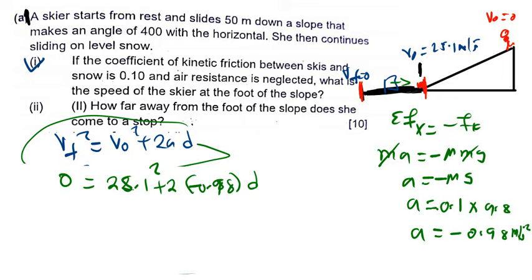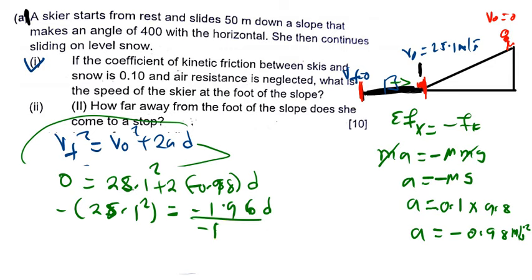It's negative 25.1 squared is equal to 2 times 0.98, which is 1.96, negative 1.96 times d, divided by negative 1.96.